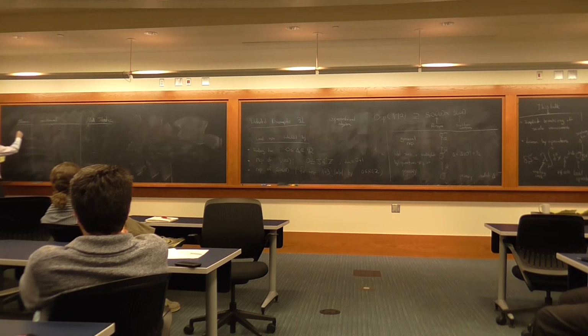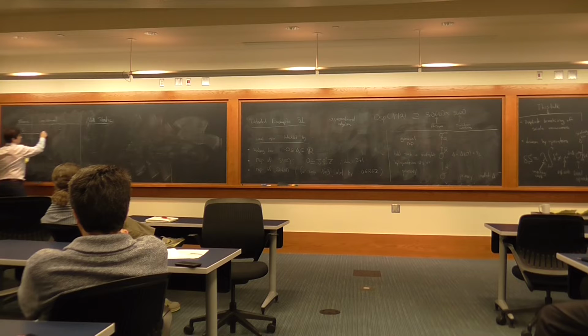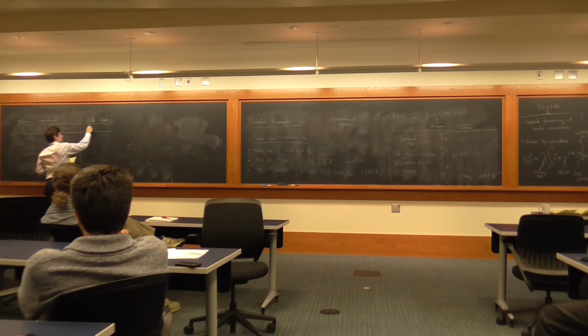The first kind of representation is what I'll call L. L means long. So what are its properties? It satisfies the constraint that delta is greater than or equal to 1/2 J plus R plus 1. And it has no null state.